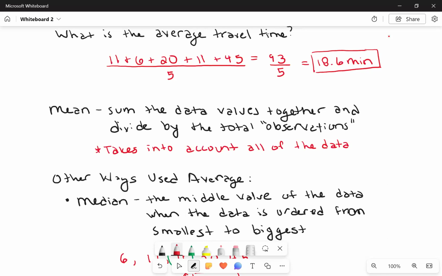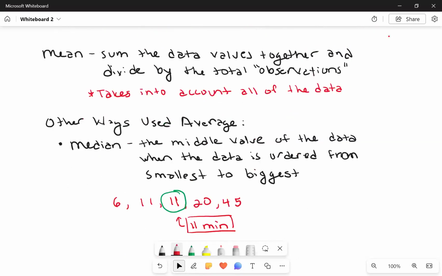That one data value makes the mean a little bit bigger than it should be compared to the other 4 students. The other 4 students literally get to the school in half the time as the person who goes for 45 minutes. So it makes you wonder if maybe the median is a little bit better in this case because it's not affected by the 45.